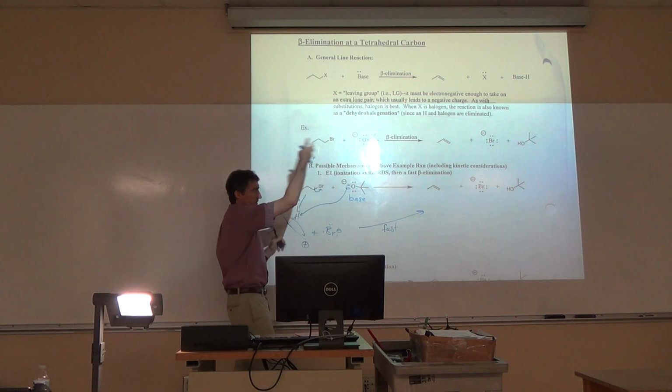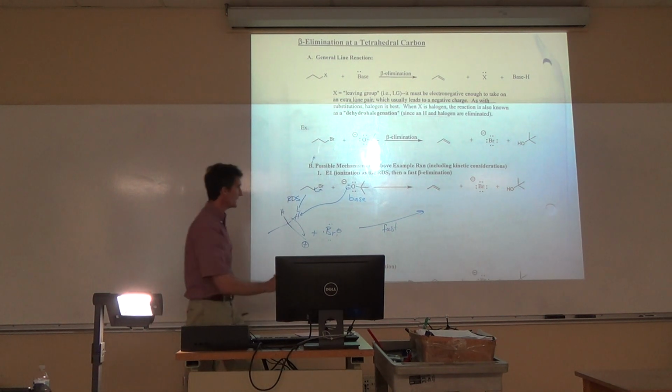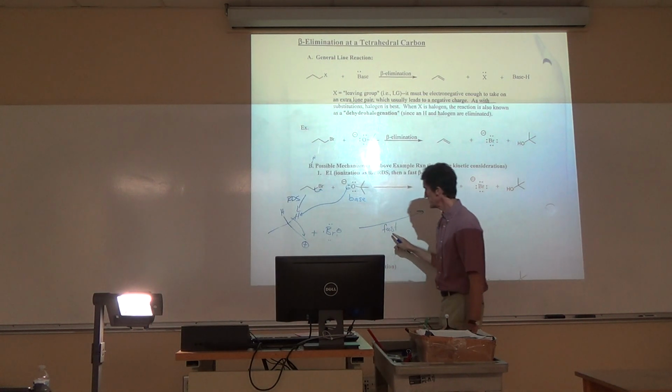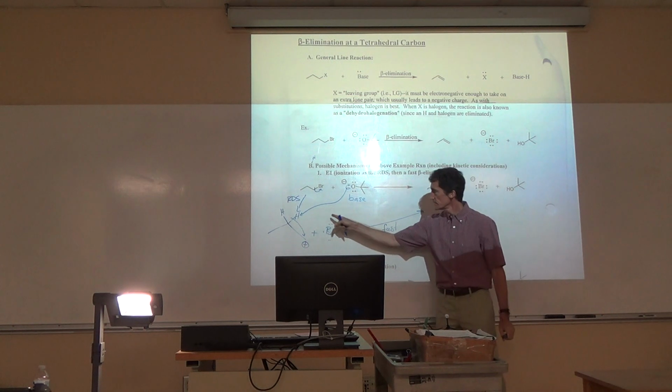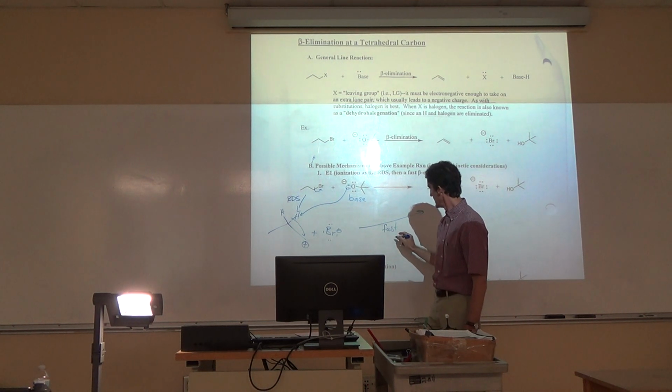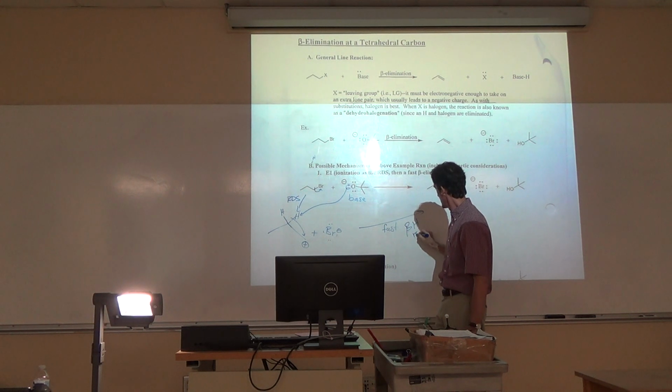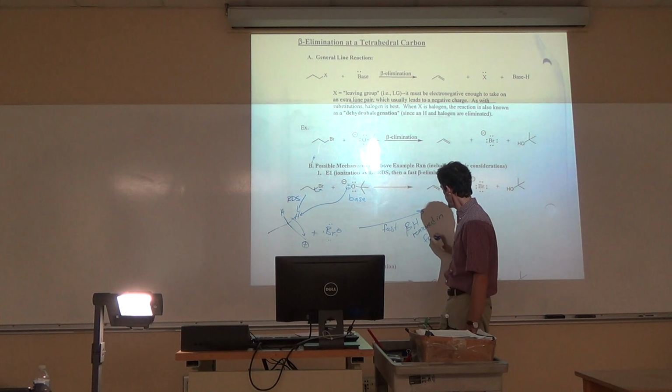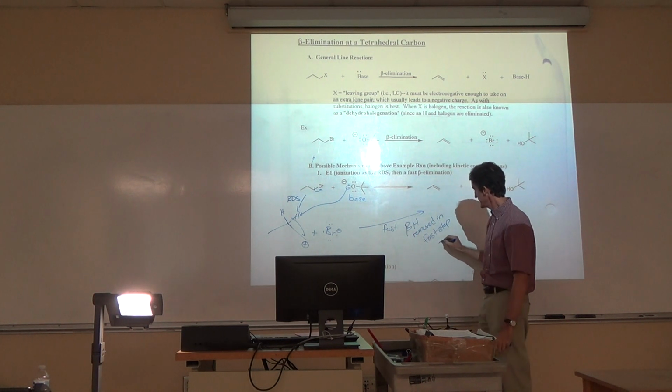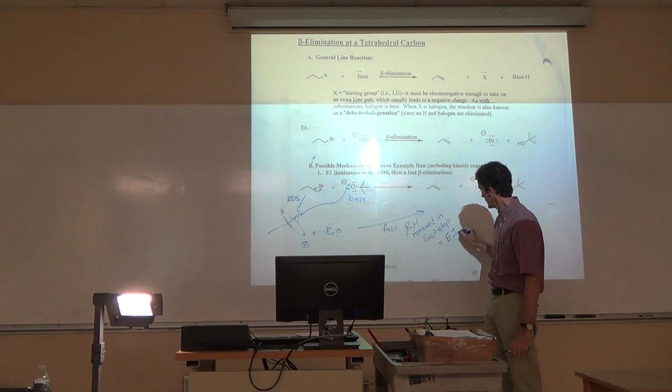The overall can be called beta elimination, but actually removing the beta hydrogen is done here. I'm going to say the beta H is removed in the fast step. This is E1.